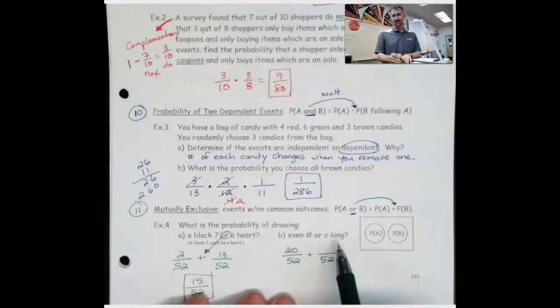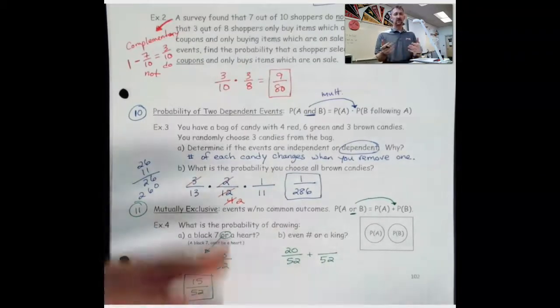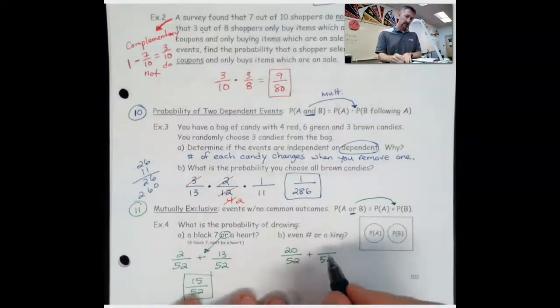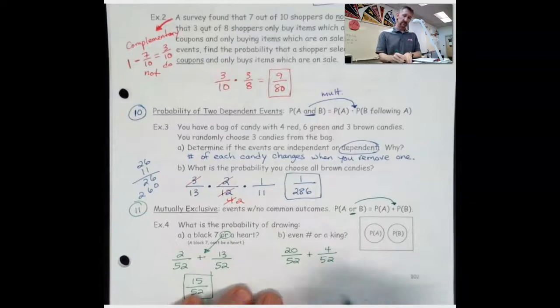Now a king has a K on the card, so that's not an even number. So no kings are even numbers. So these are 2 separate categories, 2 separate groups. Even numbered cards and kings. So they're separate. And there are 4 kings.